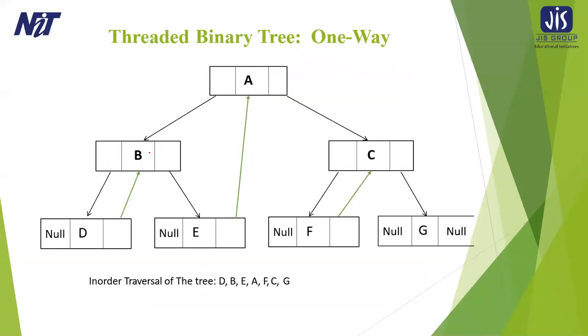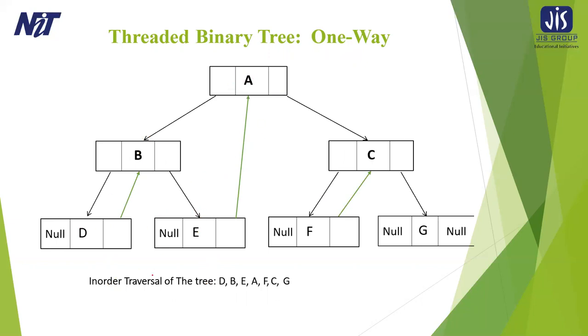Let's take an example. Now this is a normal tree that we already wrote in the previous example: A, B, C, D, E, F, G. There are so many null pointers. First we have to take the in-order traversal. What is the in-order traversal of this tree? In-order means the root is always in the middle.